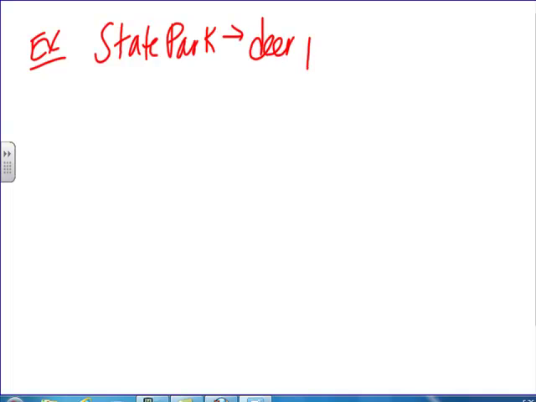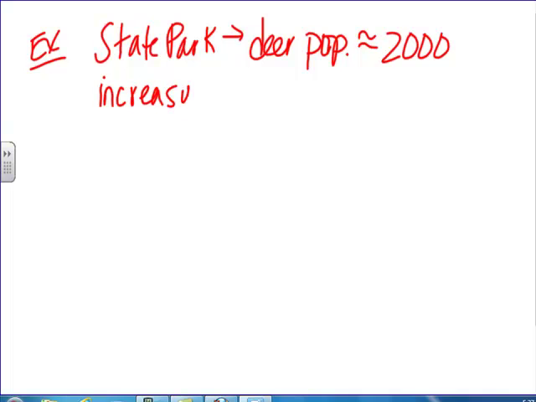So here is a situation. You may be given information. There's a state park, and it is told that the deer population is approximately 2,000. And they're increasing in population so quickly that it's considered to be increasing continuously.